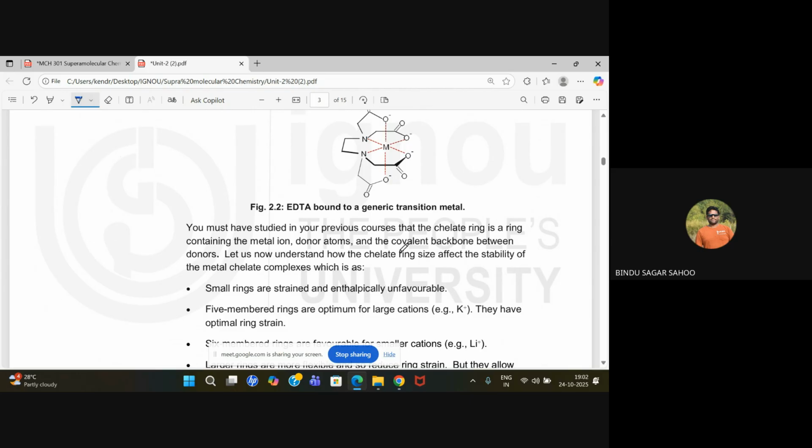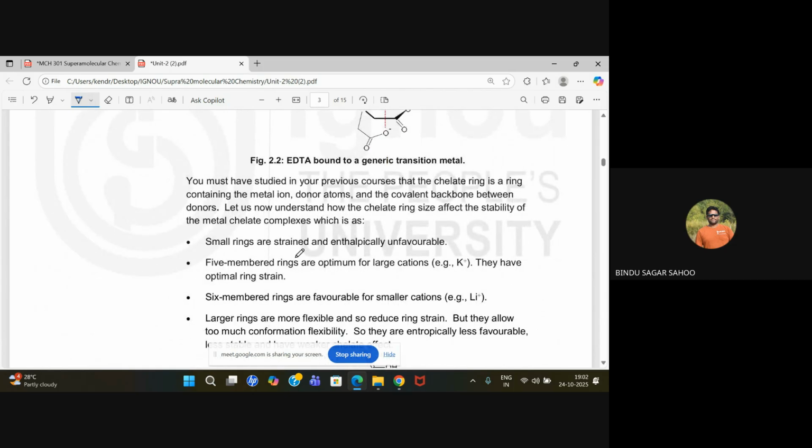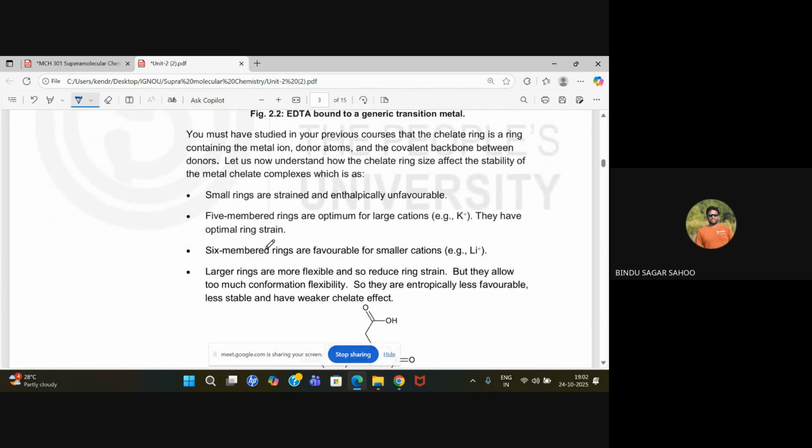So particularly, for the guest molecule, if the guest molecule is K plus, five-member rings are optimum for trapping the larger ions. If you consider the six-member rings, they also have less strain, but they are a little bit more flexible.